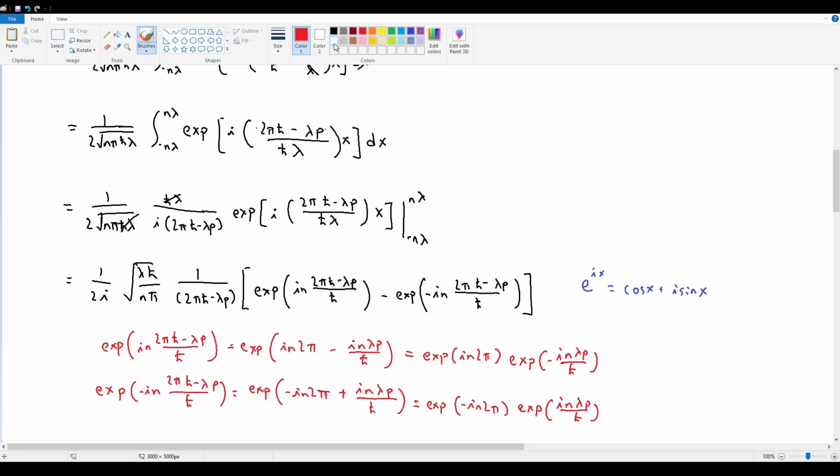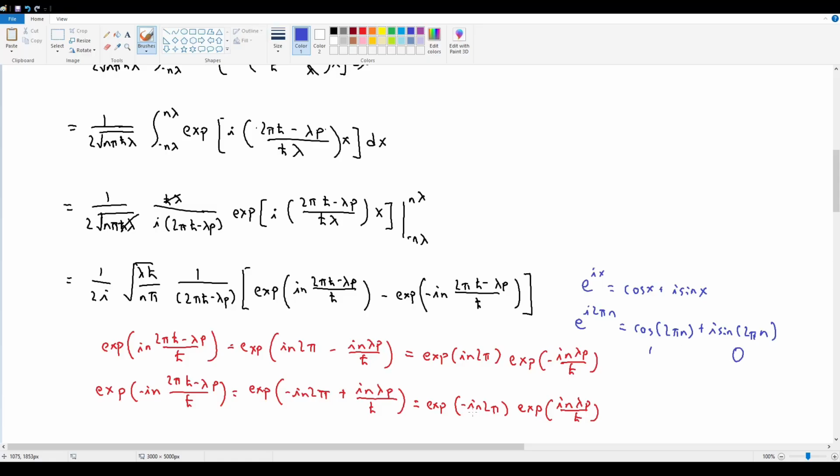N is always just going to be a positive integer, so this is exp of i times a multiple of 2 pi, right? So going back to this, e to the i times 2 pi n is going to equal cosine of 2 pi n plus i sine of 2 pi n. Cosine of 2 pi n, or any multiple of 2 pi, is always going to give us 1, and sine of 2 pi n, or any multiple of 2 pi, is always going to give us 0.